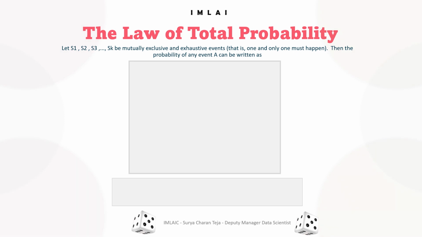It's often used when the probability of an event is difficult to compute directly, but the probability of that event given certain condition is known.